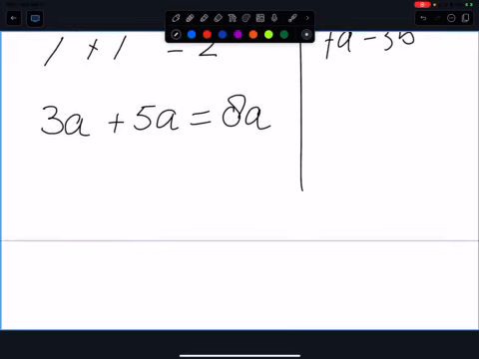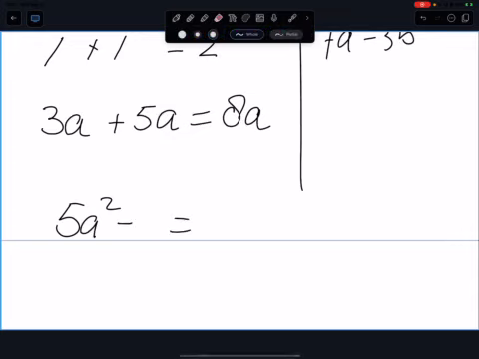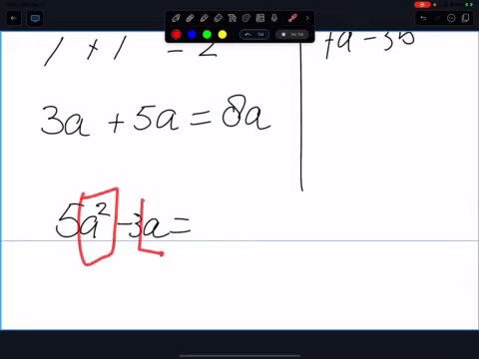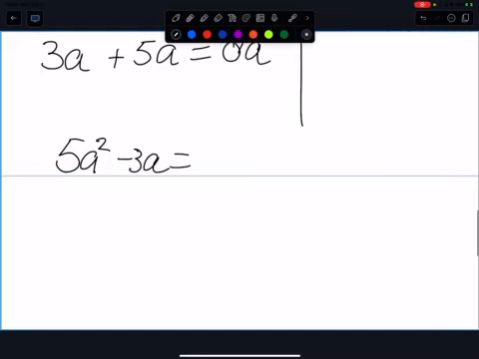Now, a more complicated question. And put a number here. Why not? These two are not the same. So that's where you have to look out. They have to be the same, or else you cannot subtract or add them with each other. If it was multiplied, that's a completely different case.